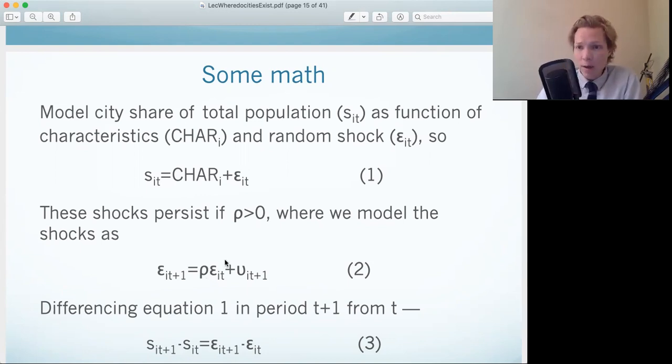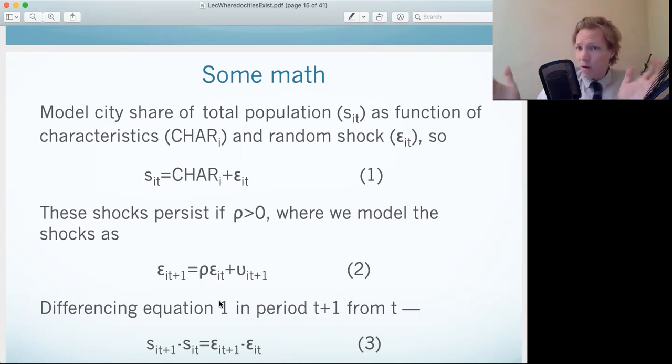Now, if it's 1, then basically it fully persists. You're going to get some randomness here, but your shock in the next period is going to be really dependent on what it was last period. Once you get a bad shock, you just keep getting bad negative shocks. Once you get a good shock, you keep on getting good shocks. So we have basically two different worlds.